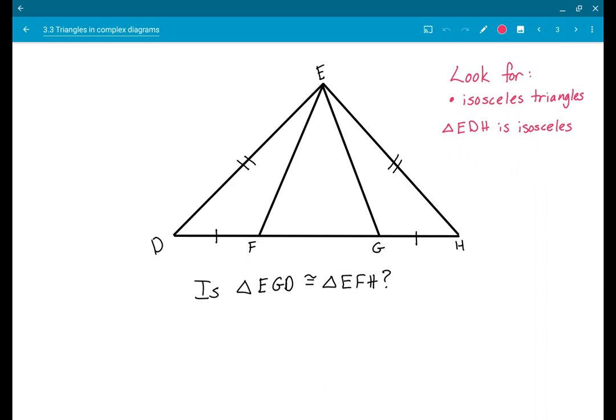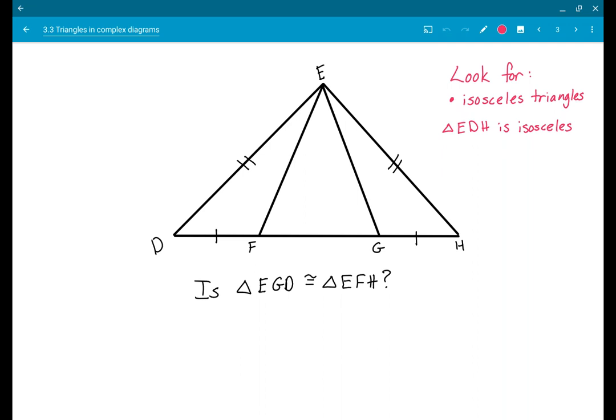If we have triangles that overlap, so in this case, try to picture in your mind triangle EDG or EGD and triangle EFH. You see how they overlap in the middle?